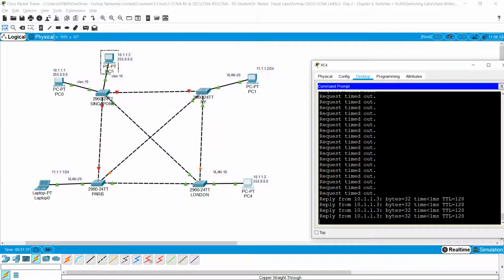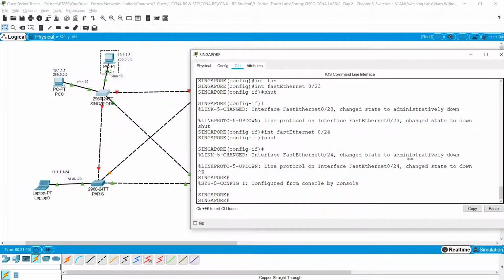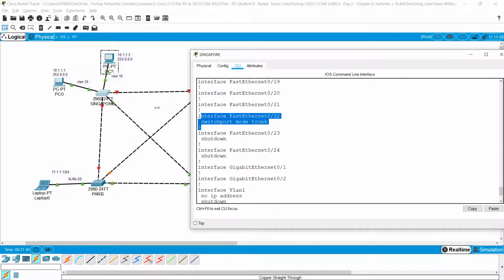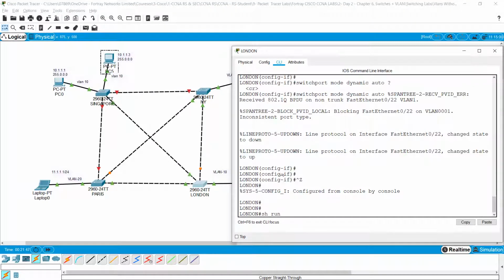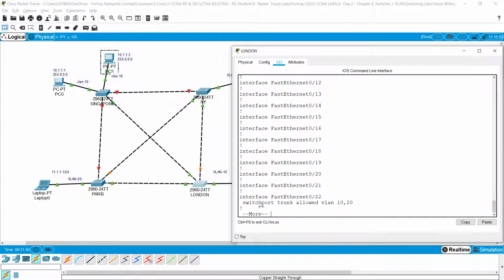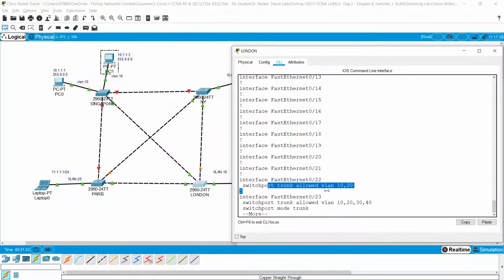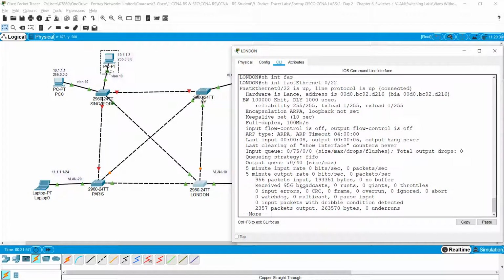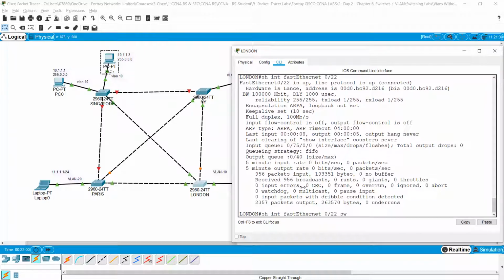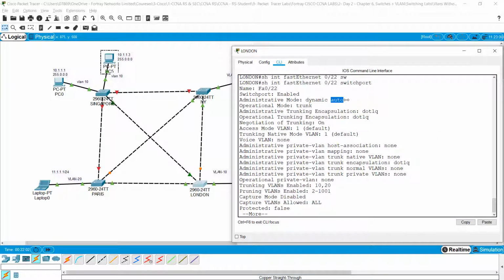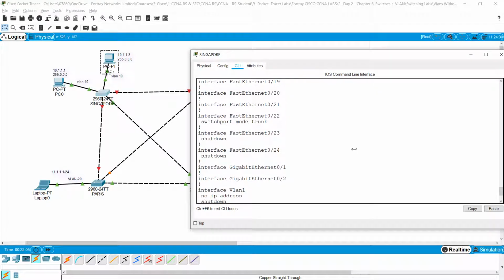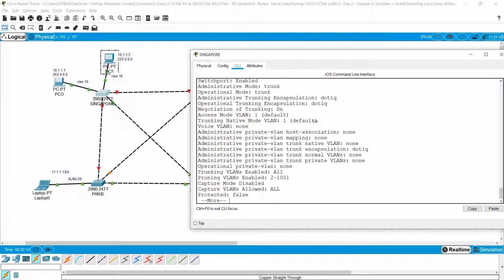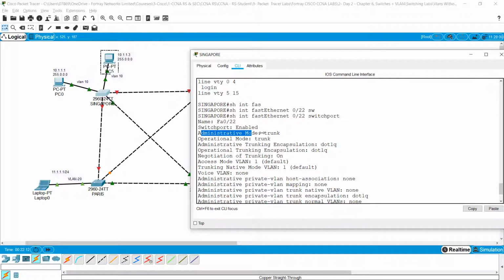If one side is auto, you see 22, this is trunk, and this side is auto, so desirable. This side is auto and this side is trunk. We said trunk, the administrative mode is trunk.